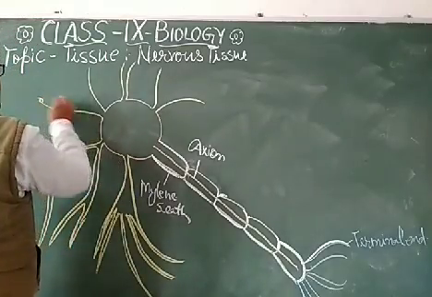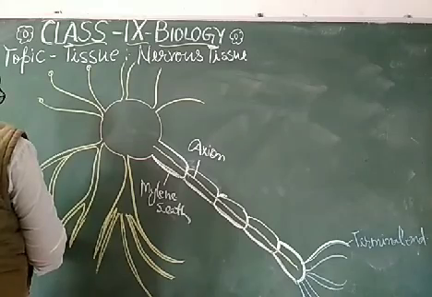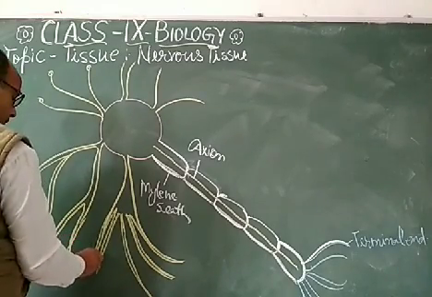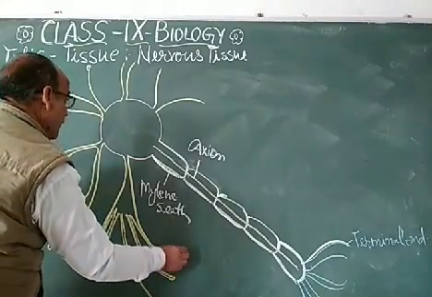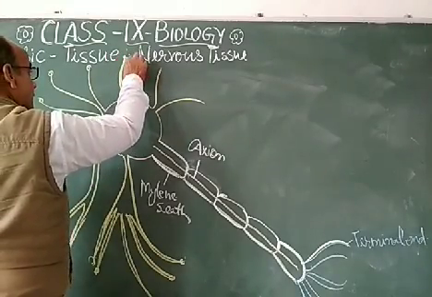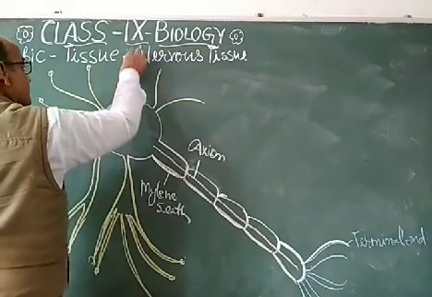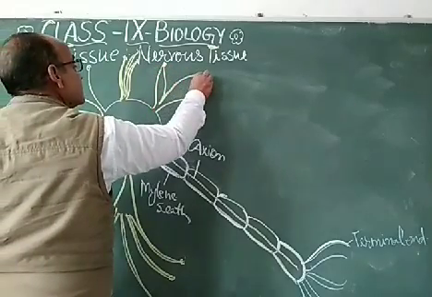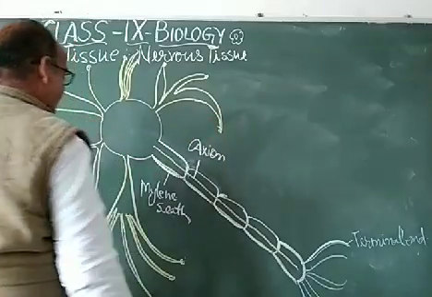These are the dendrites. So dendrites are there as the branch structures, and they form thread-like structures, and those thread-like structures are called dendrites.